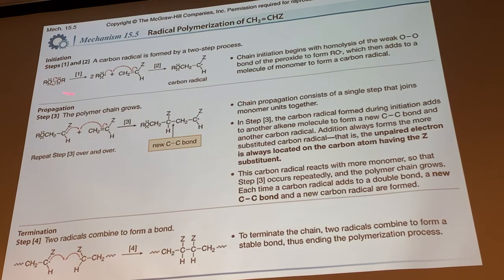We also see that you're going to have an ether on one end of your molecule. But these things don't matter because the propagation step usually happens thousands of times for every initiation or termination.